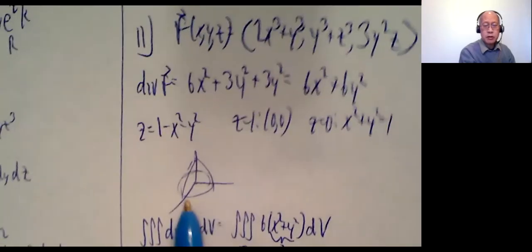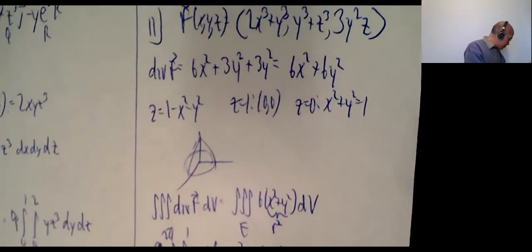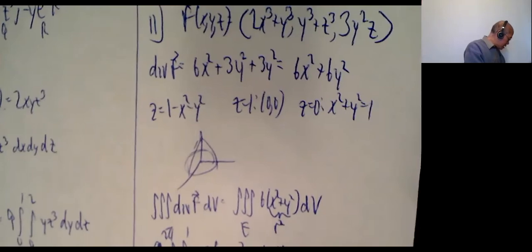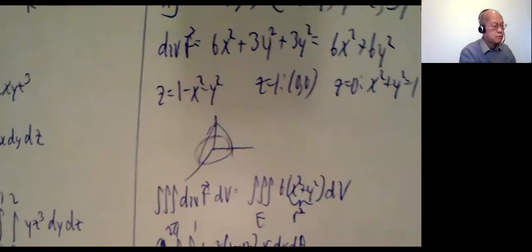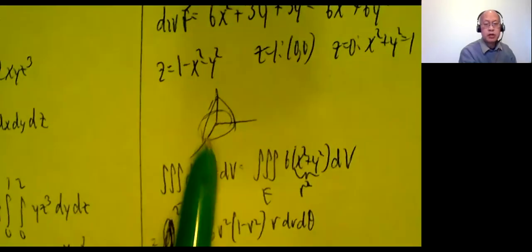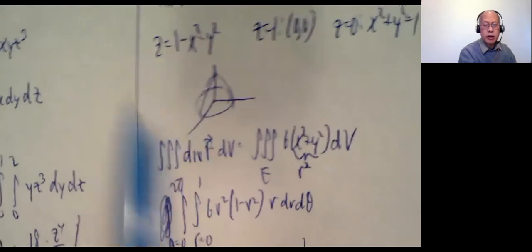So I have this picture right there. Okay, it's bounded by the paraboloid and the xy plane, so I'm only right here. I'm only showing you the first octant view, actually. Imagine you're going all the way around.